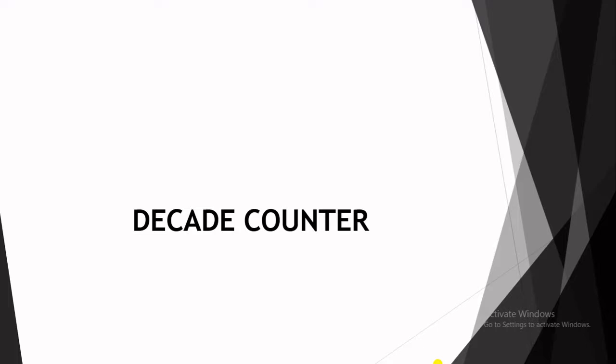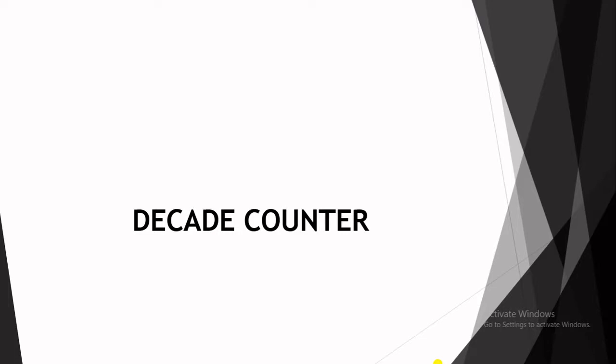So here decade counter is a counter that has 10 different output states. It is also called BCD counter. Most of the decade counters use 8421 codes. It counts from 0000 to 1001. Then it resets to 0. So this counter is also called mod 10 counter or modulus of 10 counter.